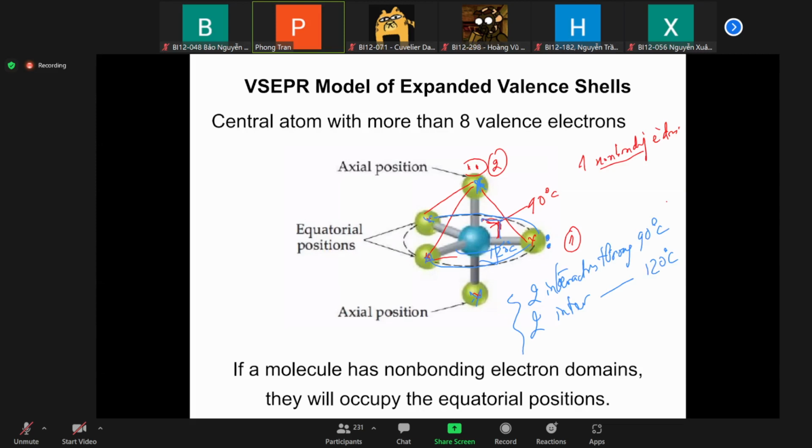For the case of the first option, you will have three interactions at 90 degrees and one interaction at 180 degrees. The interaction through the angle of 90 degrees will be very strong because the distance is short, so it's less stable. So you say that when the electron pair is put in the axial position, it will be less stable than when you put it in the equatorial position. So that's why if a molecule has a non-bonding electron pair, it will occupy the equatorial position. Okay.